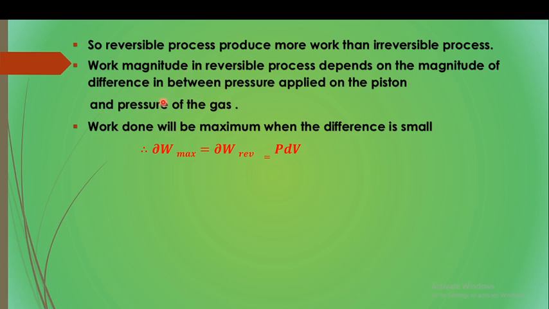Both pressures are responsible for the work magnitude, and the work done will be maximum when the difference is small. Therefore, for dW maximum, we can write for the reversible process P into dV.